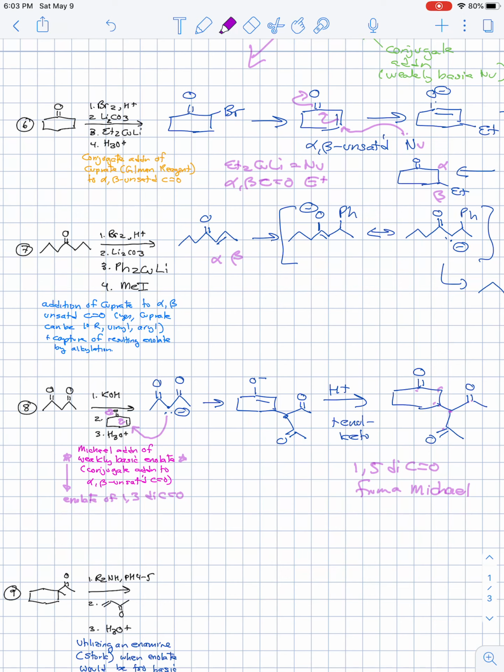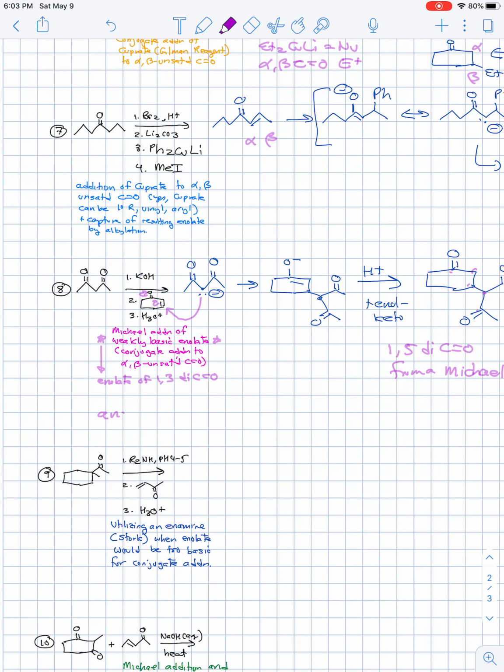You're not going to go from one carbonyl from the enolate to the other, because that's not the new compound that you made. So when you use these enolates of dicarbonyls, your product is going to end up having 3 carbonyls in it. 2 from the one that acted as the weakly basic enolate and 1 from the alpha-beta unsaturated system. So that's one thing we can do. We can do these Michael additions in order to do a conjugate addition.